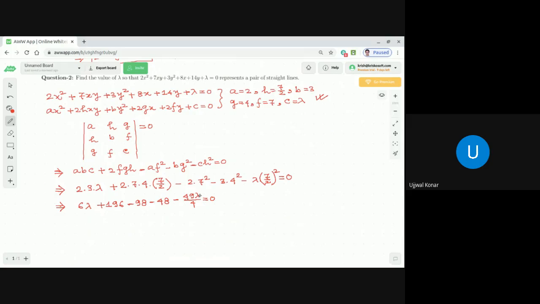And if you simplify further, I'm not spending time in simplification because this is quite straightforward. So you will get the value of lambda equal to 8, and that is the required value of lambda.